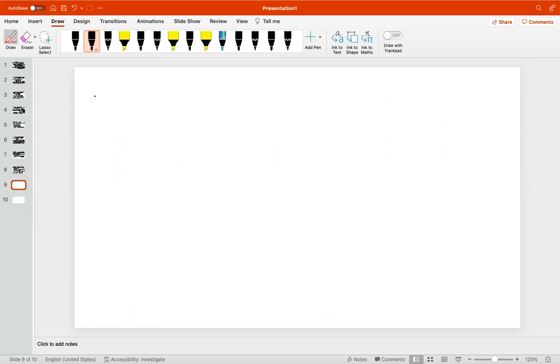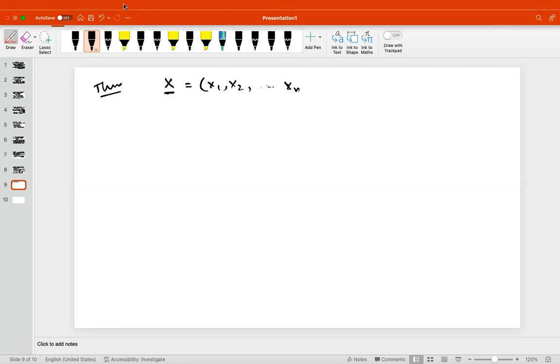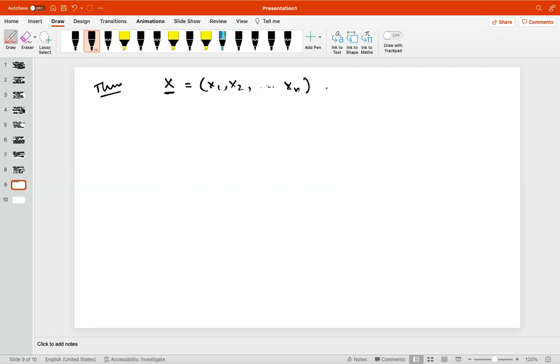And the last important result, our theorem, is this. Say there are two random vectors, bold X, X1, X2, ..., Xm, and another random vector Y, Y1, Y2, ..., Yn.